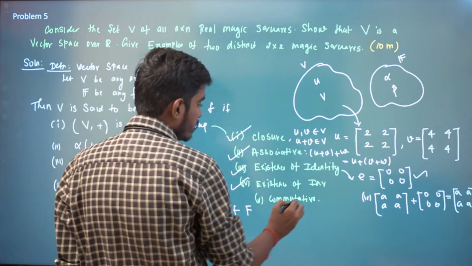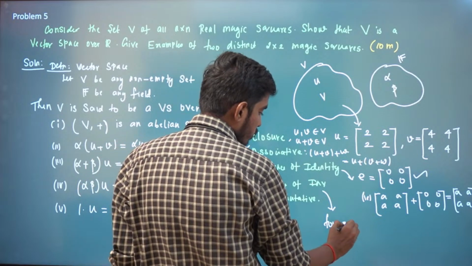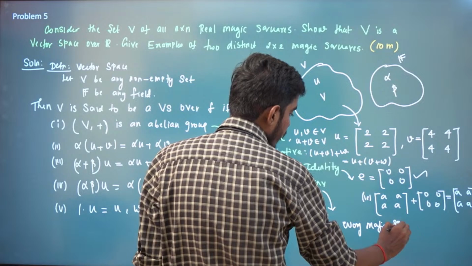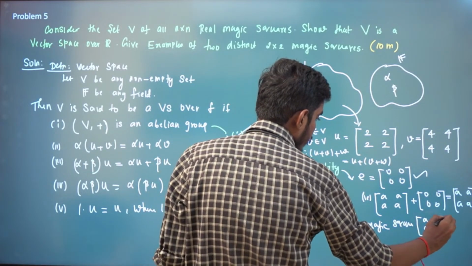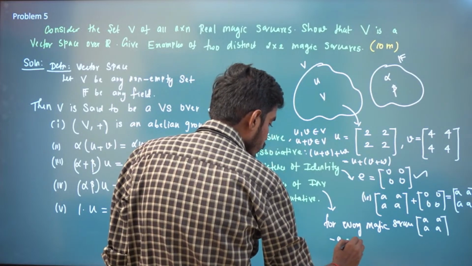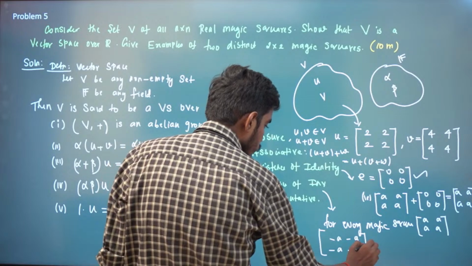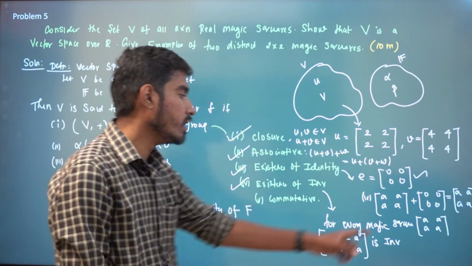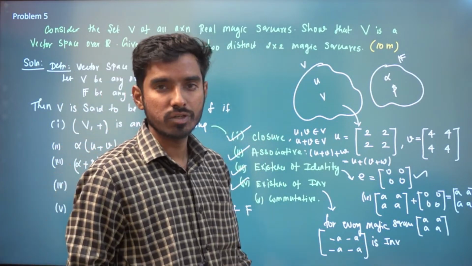And what is the existence of inverse? For every magic square A, minus A is your inverse. Why? Because if you add this with this matrix, you'll be getting the identity element, which is 0 0 0 0.